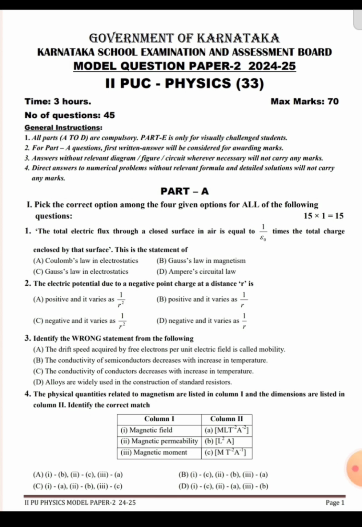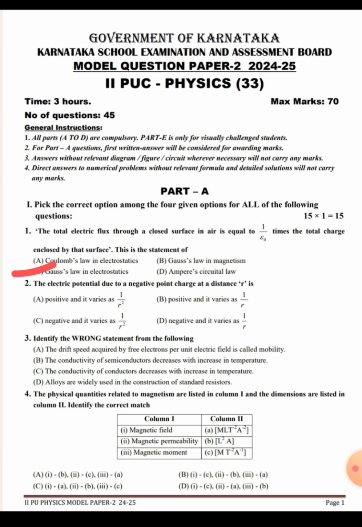The total electric flux through a closed surface in air is equal to 1 by epsilon naught times the total charge enclosed by that surface. This is a famous statement we have studied in the first lesson. So which is it? Gauss law in electrostatics.